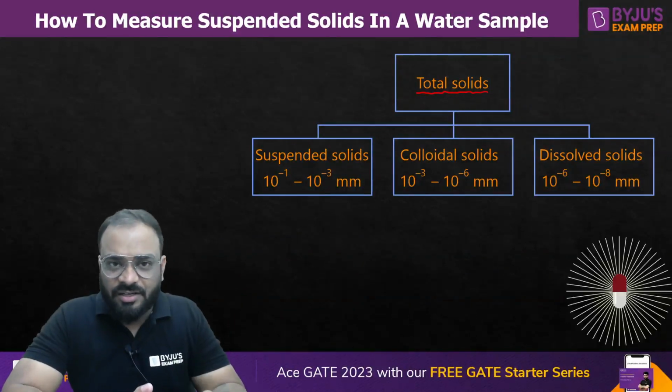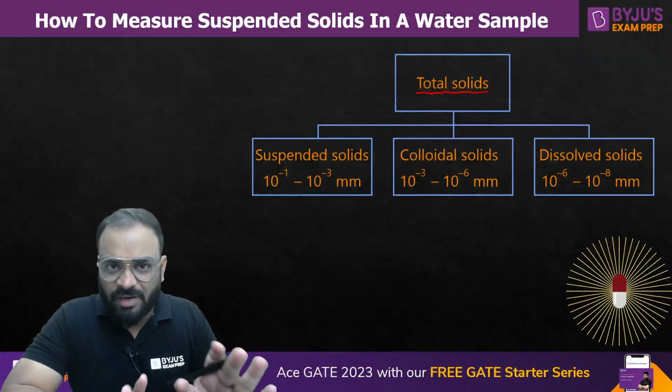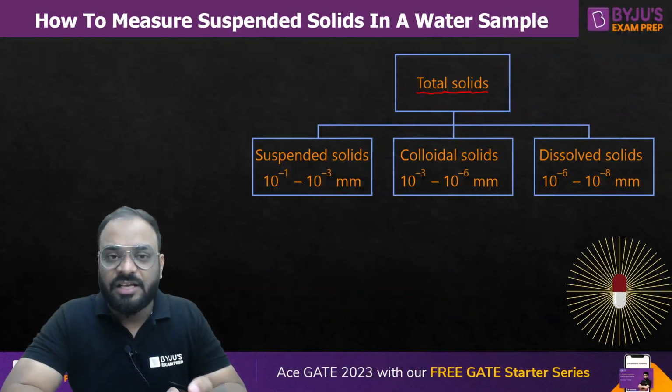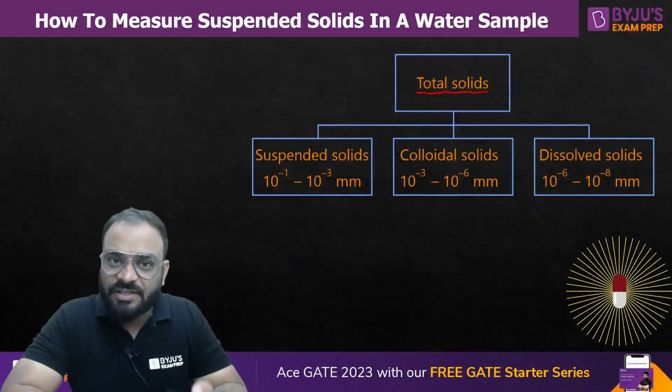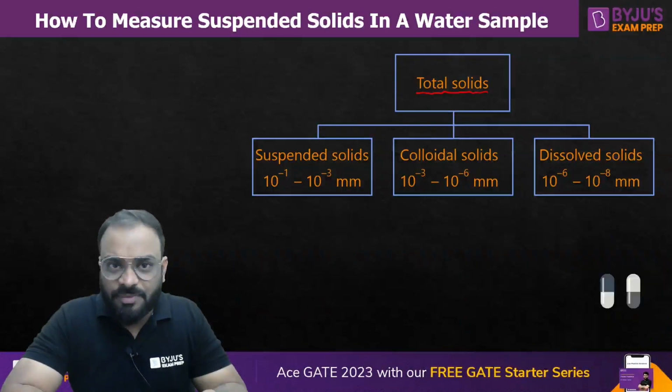If any matter contains carbon or hydrocarbon, then it is an organic matter. And if that particular matter is not containing carbon or hydrocarbon, then it is an inorganic matter, right? Now guys, the total solids present in a water sample can be of both types. It may be organic, it may be inorganic also.